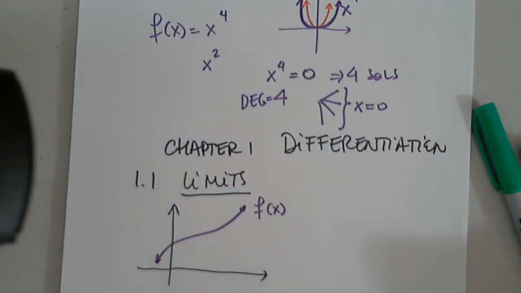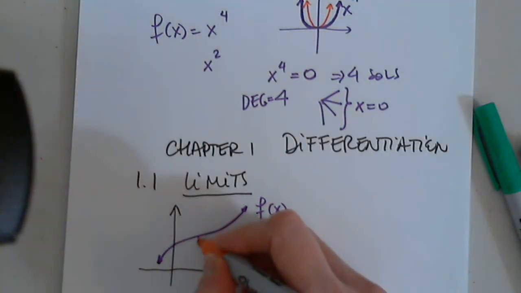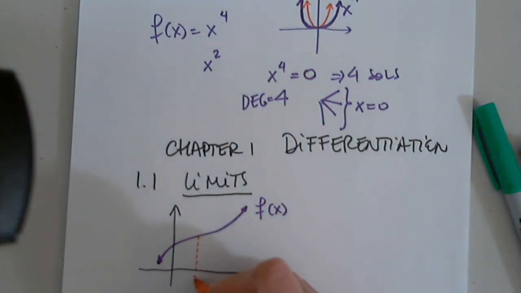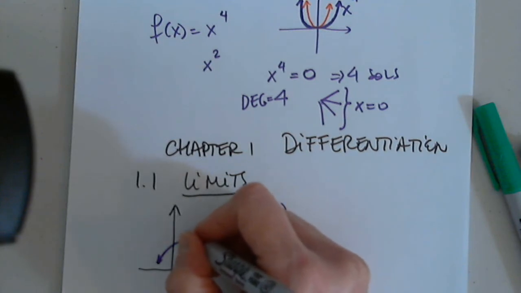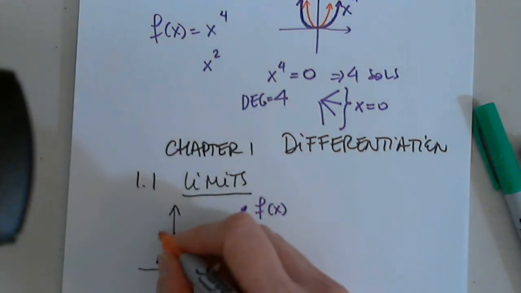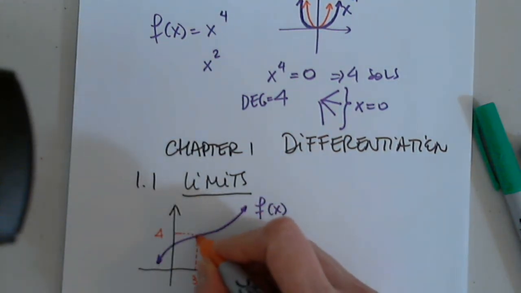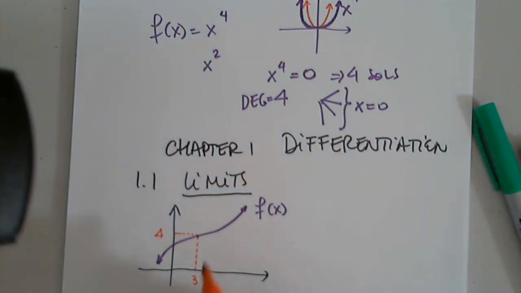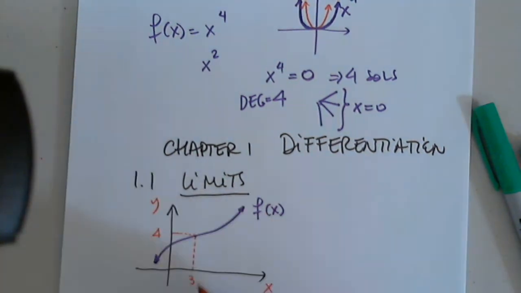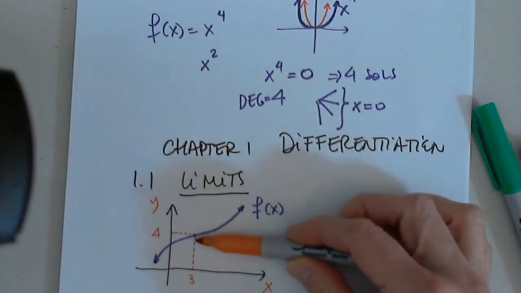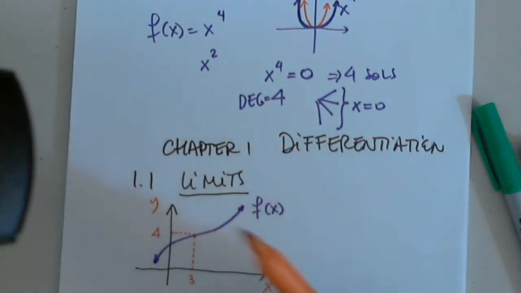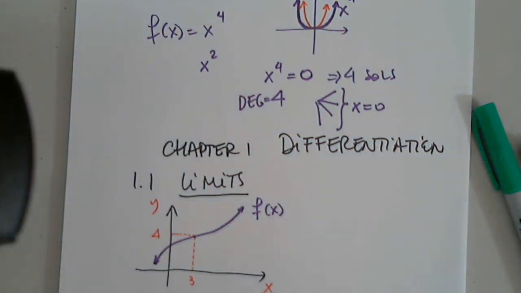I'm going to put some numbers in. I'm just going to make them up. I'm going to say that this is 3, and I'm going to say that this is 4. So somewhere here, when x is 3, the function value is 4. Okay?